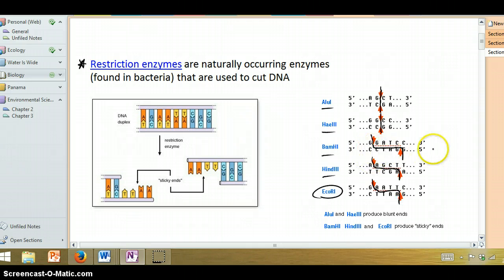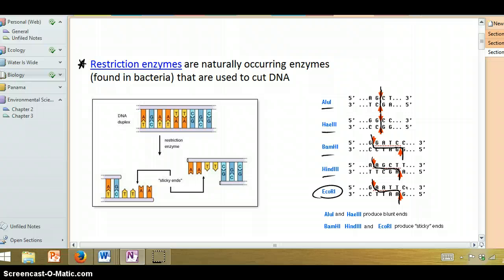But again, they always cut at a particular sequence, so EcoR1 will cut wherever there's a GAATTC. And where you have these sequences in DNA, these are known as restriction sites. Wherever you have a GAATTC would be an EcoR1 restriction site, and that's where that enzyme would cut the DNA.